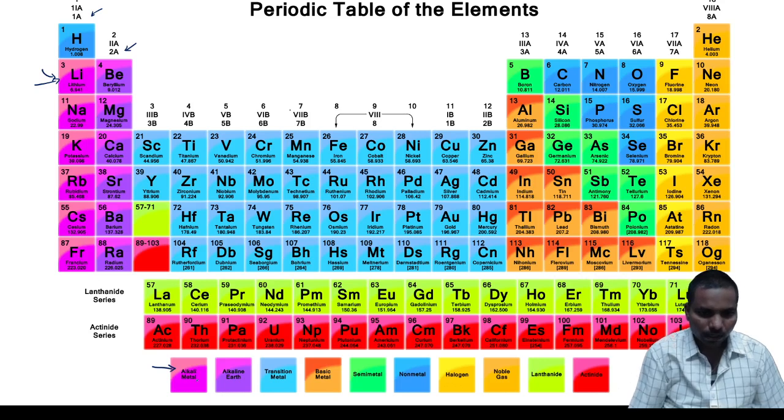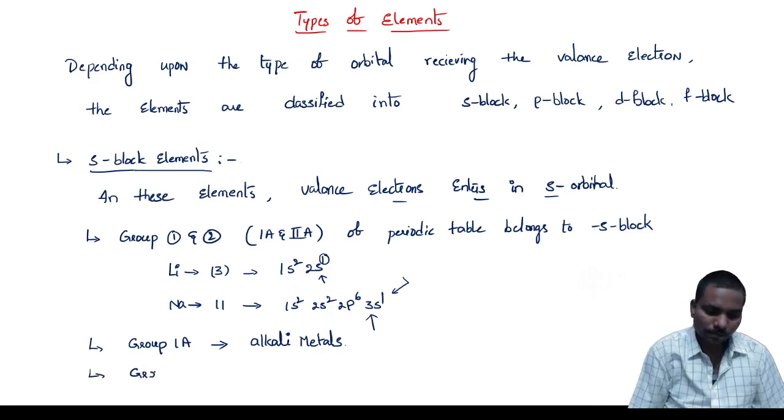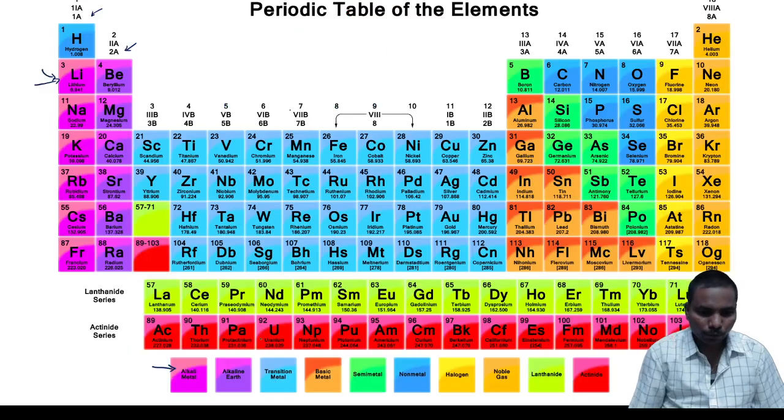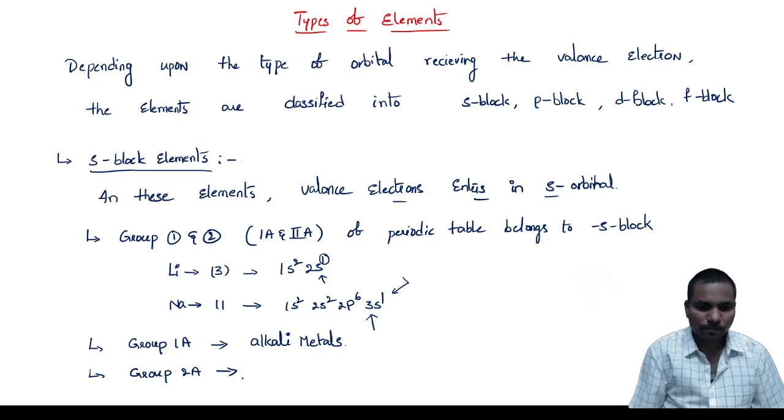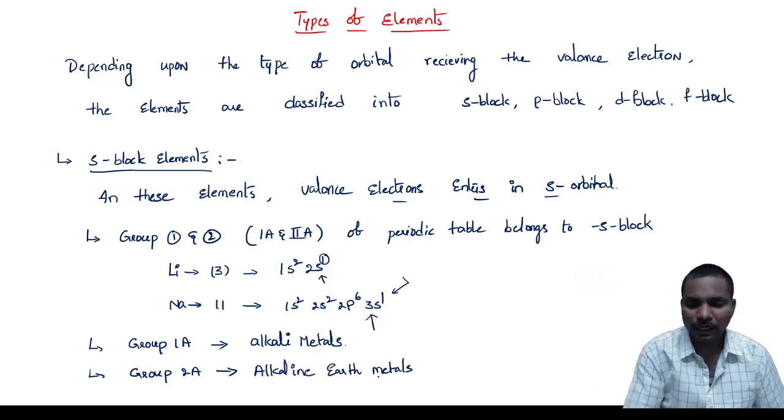Alkali metals. In the same way, group 2A elements are beryllium, magnesium, calcium, strontium, barium, radium. So these are alkaline earth metals. From these, what idea can you get?